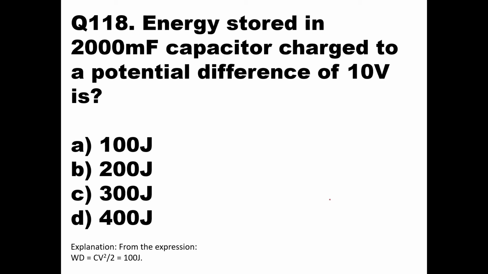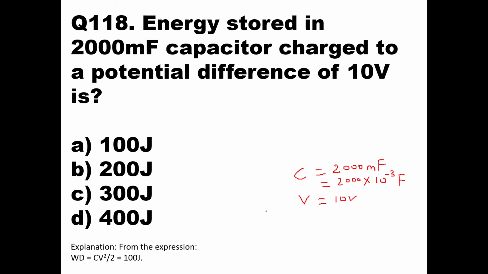Okay, so here we are having energy stored in a capacitor. The capacitor value is given as C is equal to 2000 millifarad. That means this is equal to 2000 into 10 to the power of minus 3 farad. Clear? Then we have a potential difference of 10 volts, that is V is equal to 10 volt.